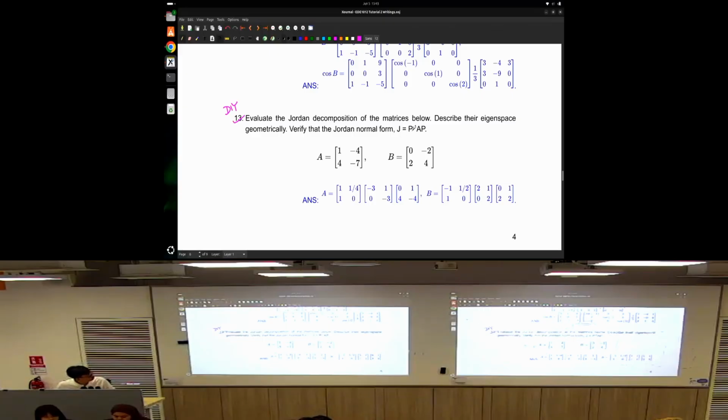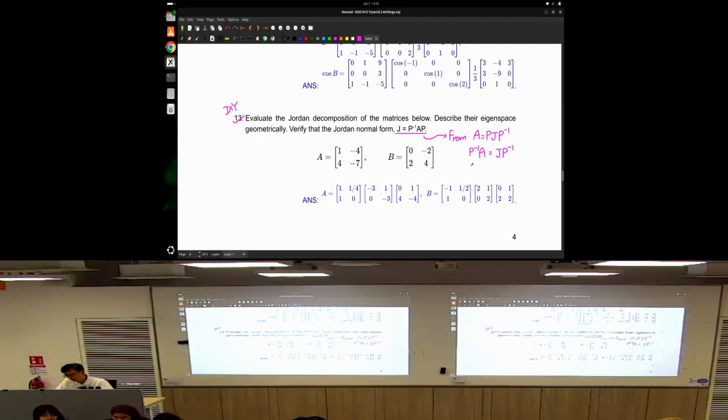This one is nothing much: J equals P inverse AP. Why is this so? It comes from A equals PJP inverse, the Jordan decomposed form. If you multiply both sides by P inverse, you get P inverse A equals J times P inverse.